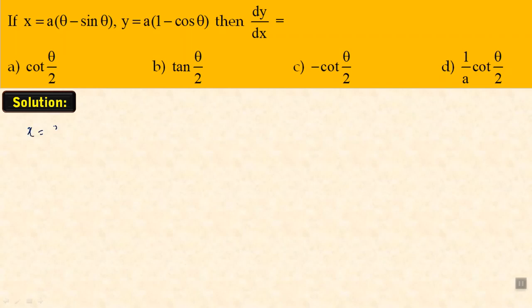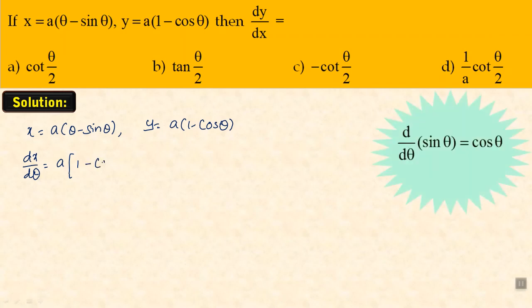Given x is equal to a into theta minus sin theta and y is equal to a into 1 minus cos theta. Now, differentiating with respect to theta on both sides, we get dx by d theta is equal to, here a is constant, d by d theta of theta is 1 minus d by d theta of sin theta is cos theta.